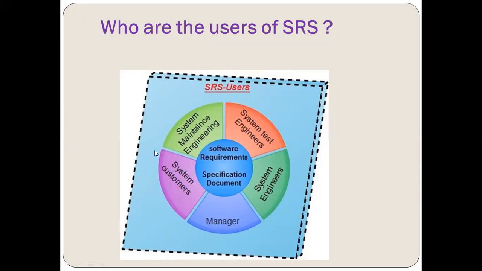So let's see who can use it depending on the scope. Maintenance engineers can use it, test engineers can use it, system engineers can use it, managers can use it to monitor, and customers can use it to track, and these are the users who are going to use the SRS.